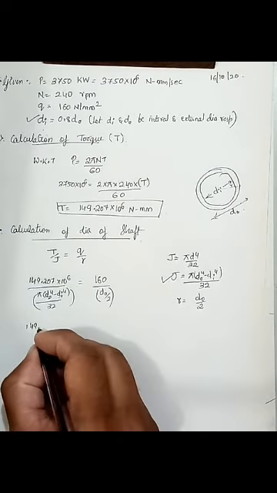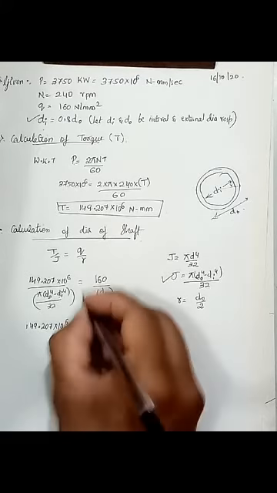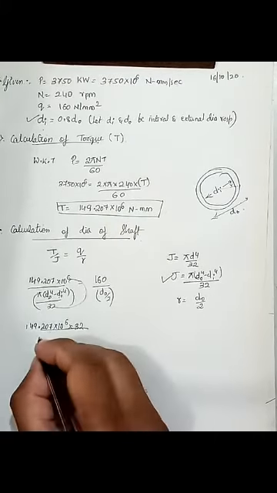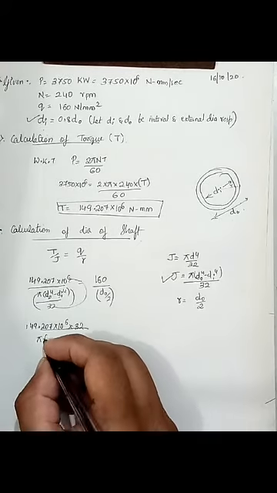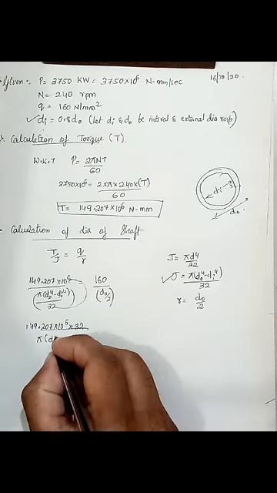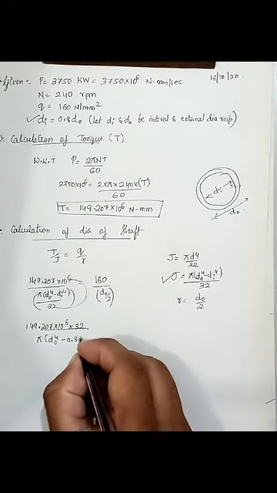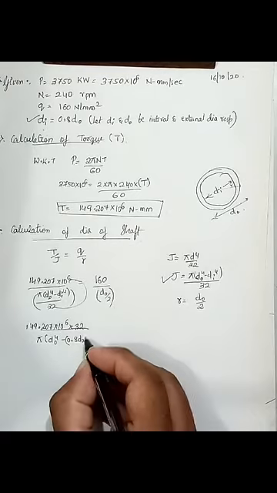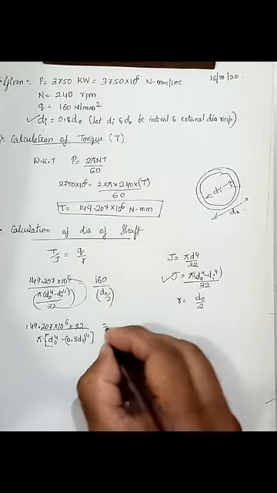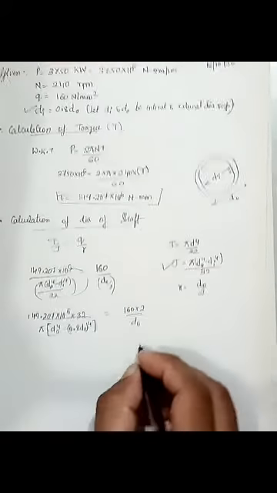So my equation will turn out to be: I'll take 32 up, pi into do raised to 4 minus 0.8 do, in place of di, raised to 4 equals 160 into 2 by do.